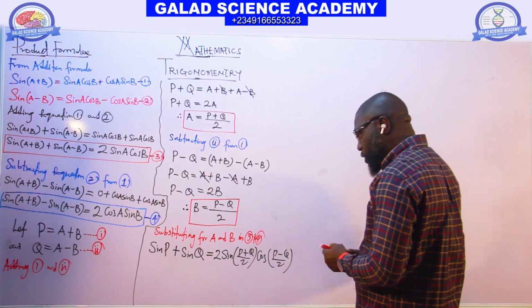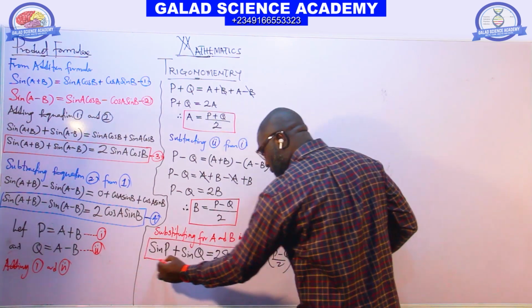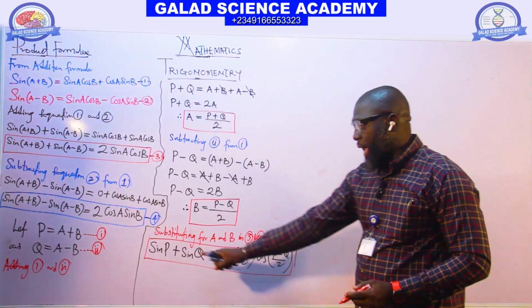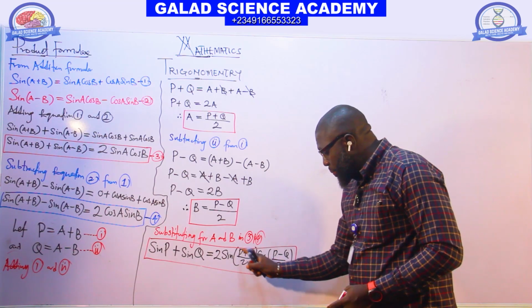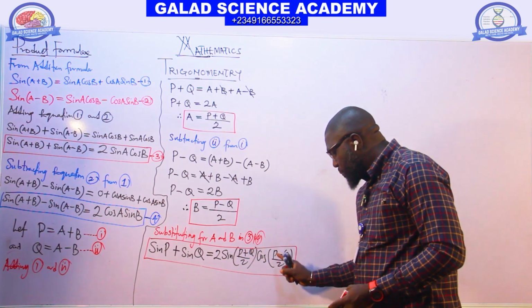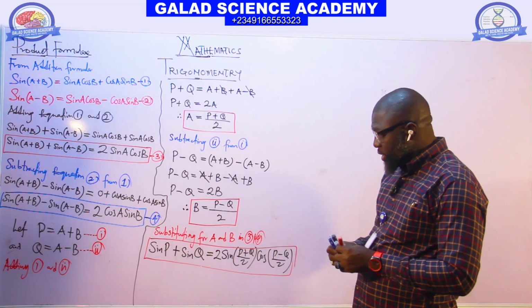So this is what we call the formula. Sine P plus sine Q gives us 2 sine P plus Q over 2 cos P minus Q over 2.